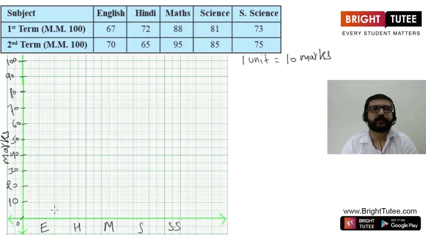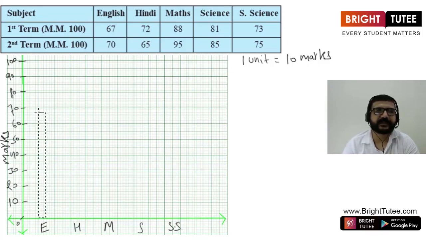Now we have to draw the bars for each and every subject. Now in English, marks obtained are 67. So the bar for the first term will be like this for the subject English. And in the second term, marks in English are 70.